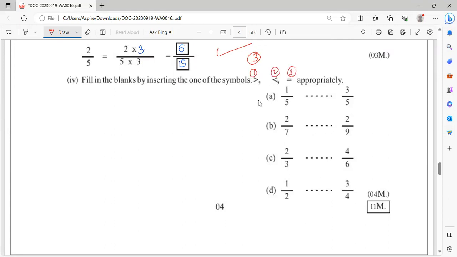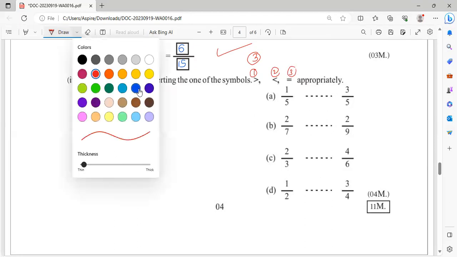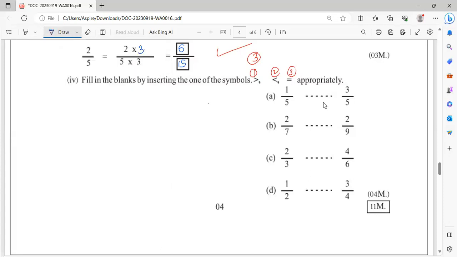Which one is suitable? Yes, second. It is because you can identify here the denominators of both fractions are equal. So we compare the numerators. Okay, then this is the answer.